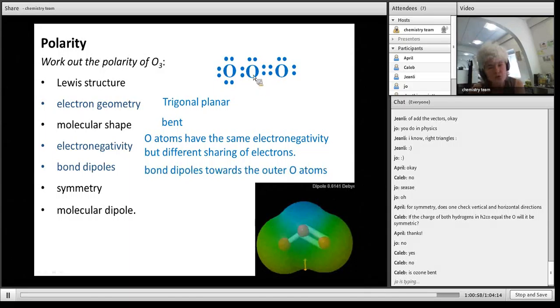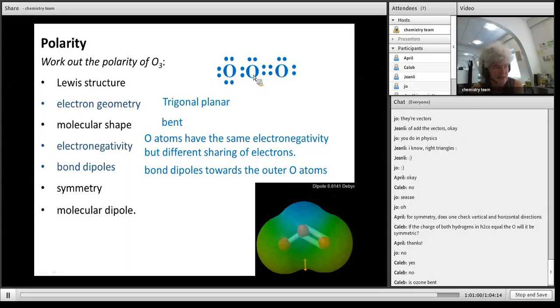Now this is where NCEA does let you down a bit, because we don't do resonance, where you see all the possibilities and take the average. But there are different ways you can draw this, and with the average, the central atom actually has less electron density on it than the outer atoms.